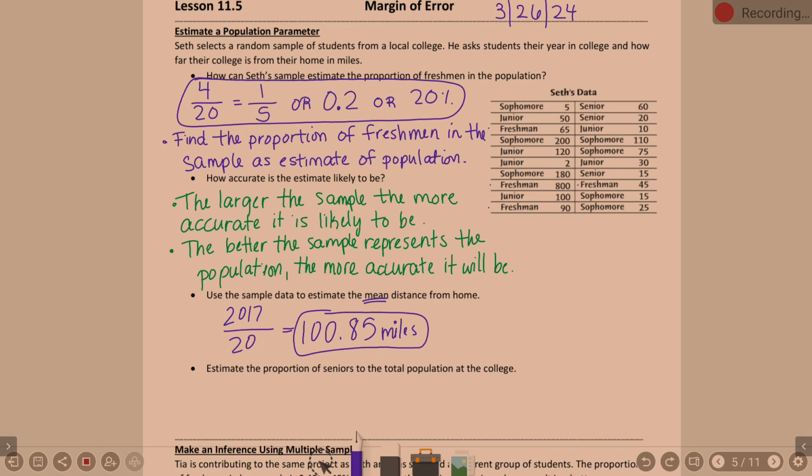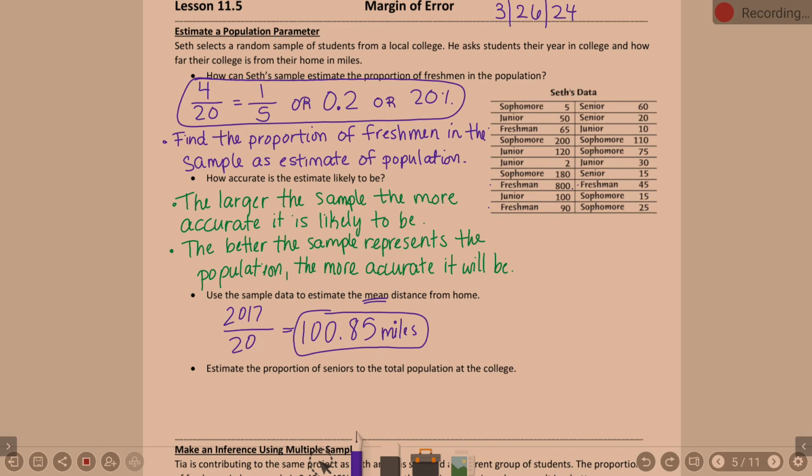It's hard to tell. I do think maybe it's a little higher than it should be, and why would I say that? There are a lot of smaller numbers, like 5 miles, but then there's the 800. That 800 really kind of throws things off, doesn't it? But again, this is the sample we have. This is an estimate. The sample is only as good as the data collected.